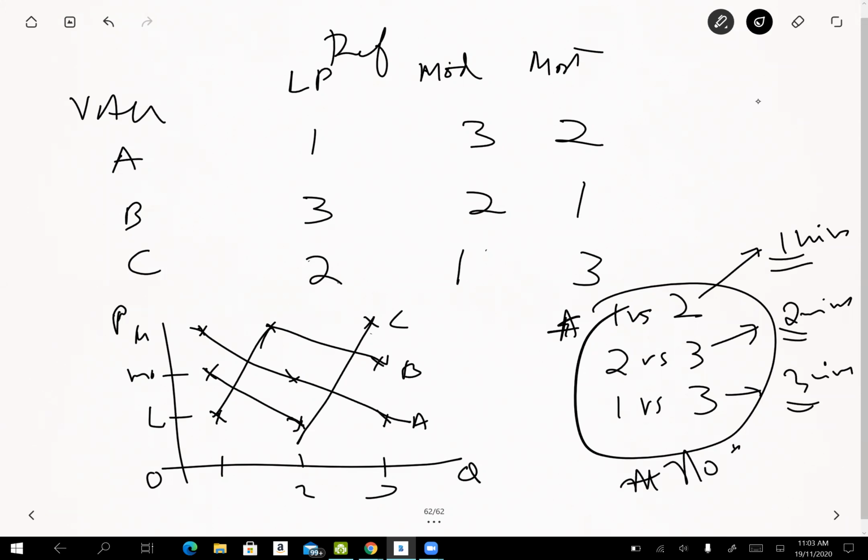The winner will depend on who you are going against. If 1 goes against 2, then 1 can win, but if 1 goes against 3, then he will lose. Similarly for 2: he can win against 3, but he cannot win against 1. So in this kind of voting there will be no clear winner, and that will lead to cycling.